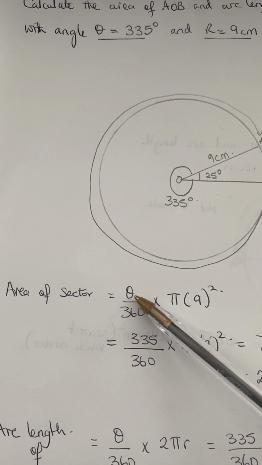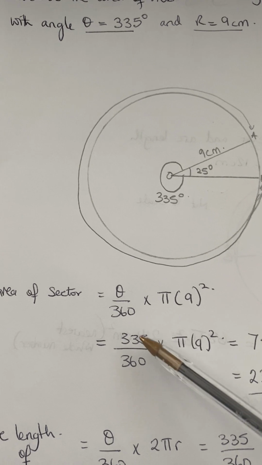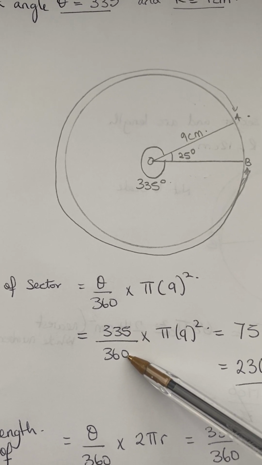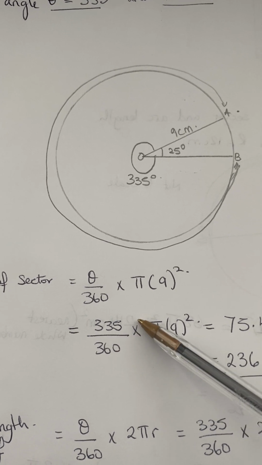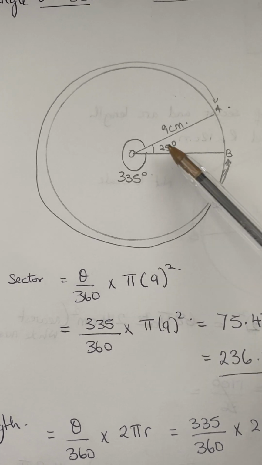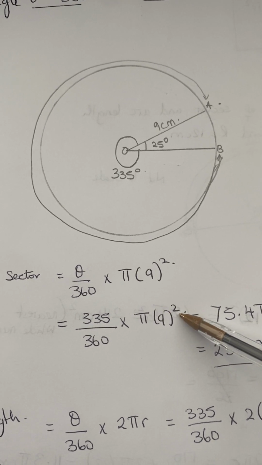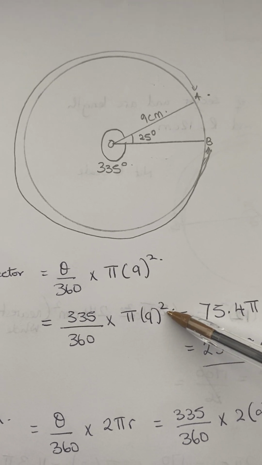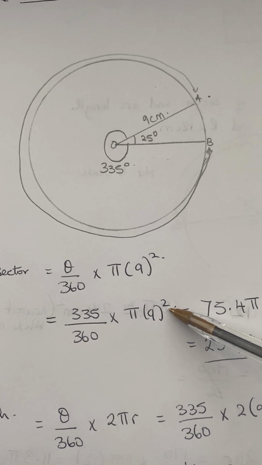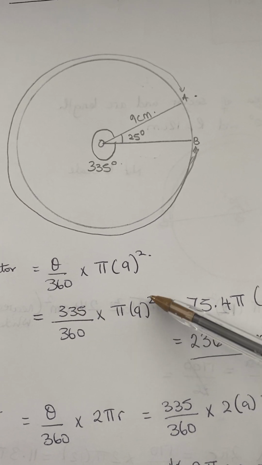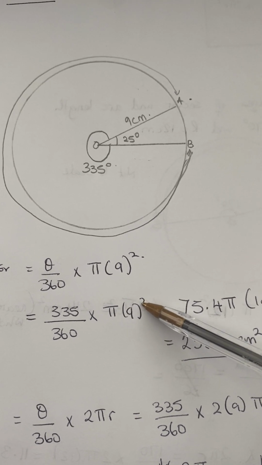Now we need our area formula. 355 divided by 360 times pi. Our radius is 9, so 9 squared. On the calculator, 9 squared is 81.